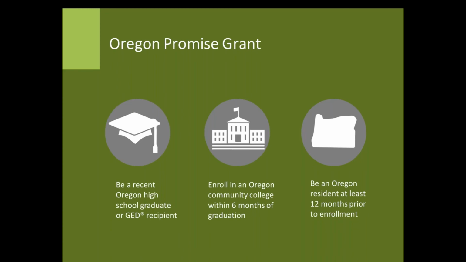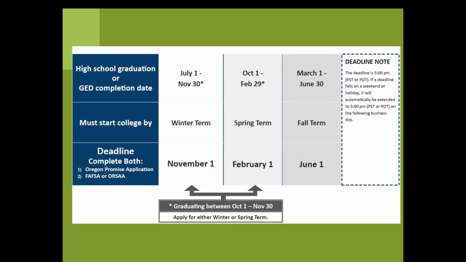In this case, it's the date that you took the last test of your GED, passed your test, and received your GED. This is the visual representation that talks about the deadlines for Oregon Promise. Because the Oregon Promise has the 6-month requirement, depending on when you complete your GED will determine when you have to start college.